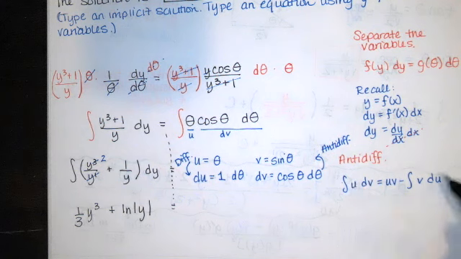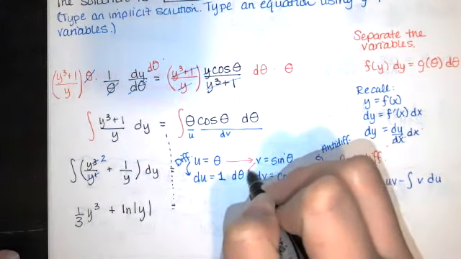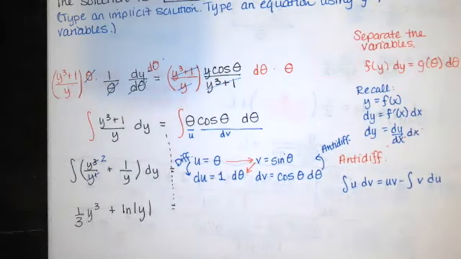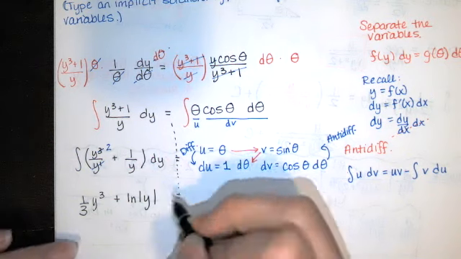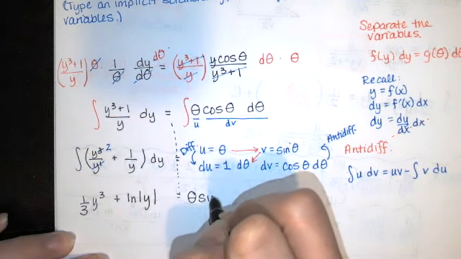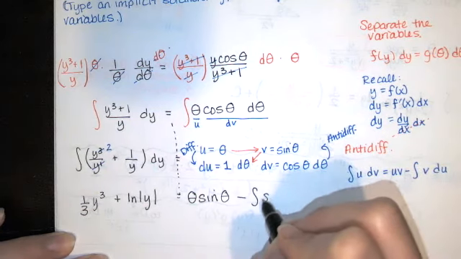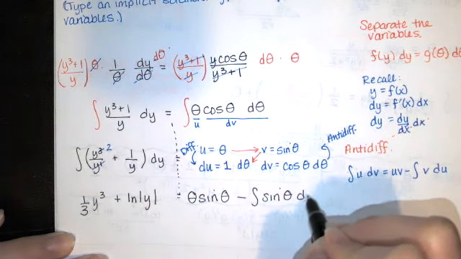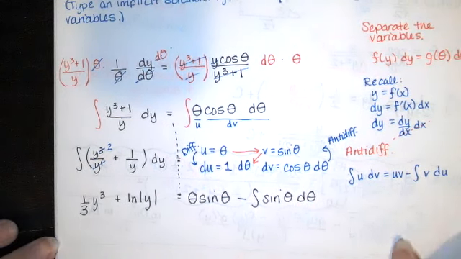And then according to our integration by parts formula, what we're going to get is u times v minus the integral of v du. So we have theta times sine of theta minus the integral of sine of theta d theta. And the antiderivative of sine of theta is negative cosine of theta.